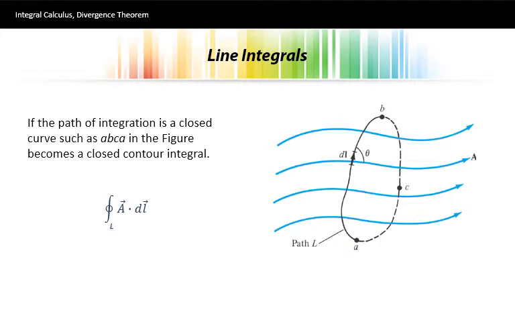If the path of integration is a closed curve, such as A, B, C, A, shown in the figure here, the line integral becomes a closed contour integral, as you see in the notation of the integration sign here.